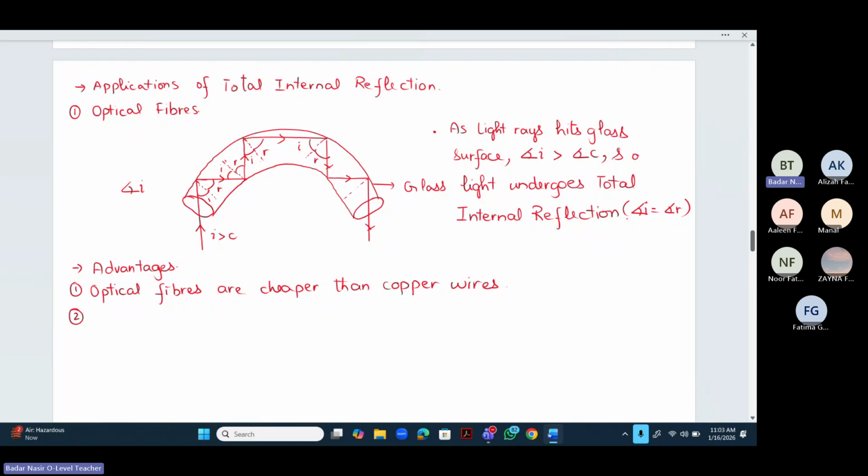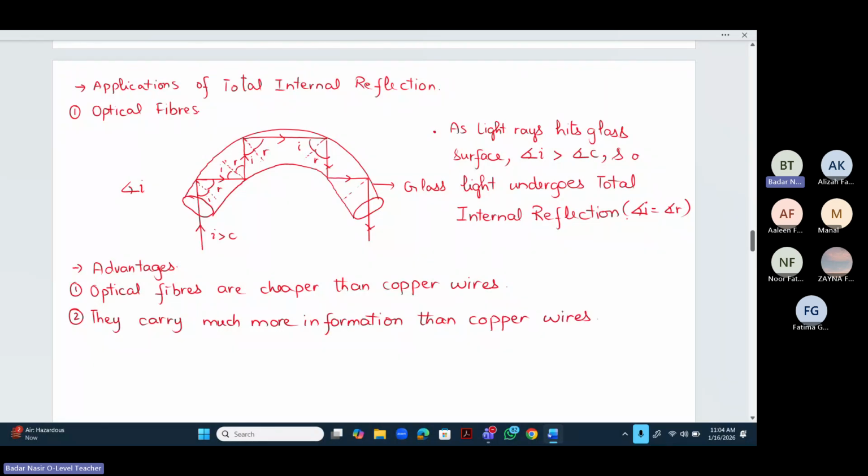Second important thing is that they carry much more information than the copper wire. Okay? So they carry much more information than copper wires.